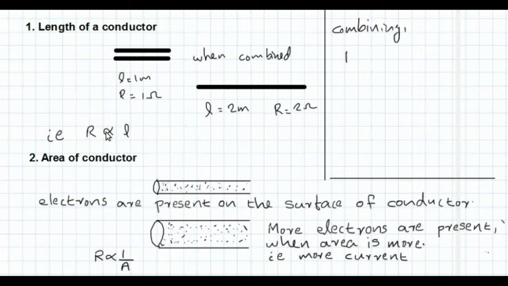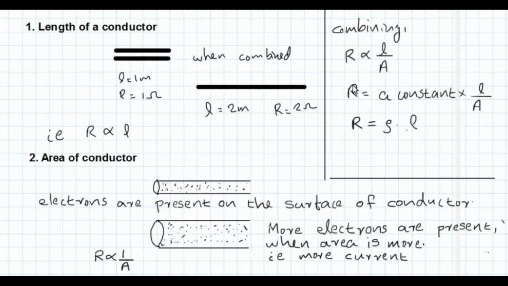Now we can combine these two relations, R proportional to L and R proportional to 1 by A, into a single form. That is R is proportional to L by A. That means R is proportional to length and inversely proportional to area. Now this proportionality can be converted to equality by multiplying with a constant. That means R is equal to a constant into L by A, and this constant is rho.